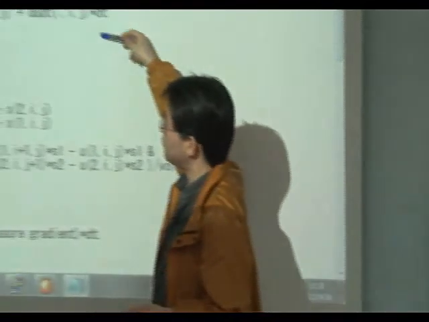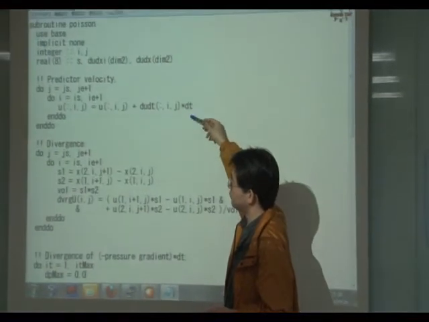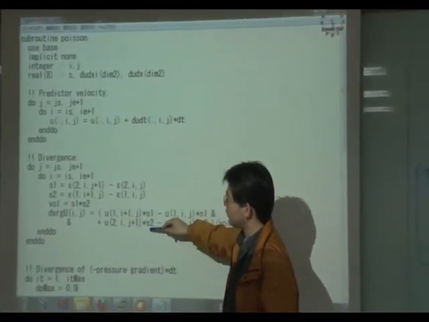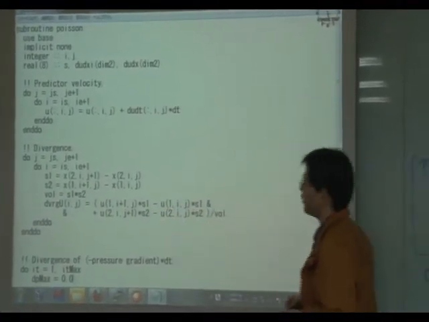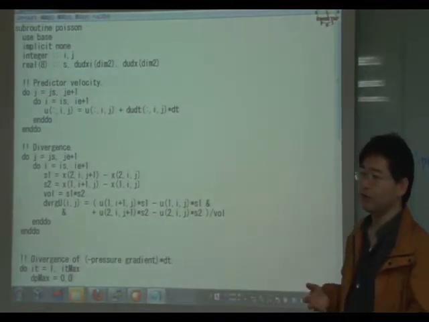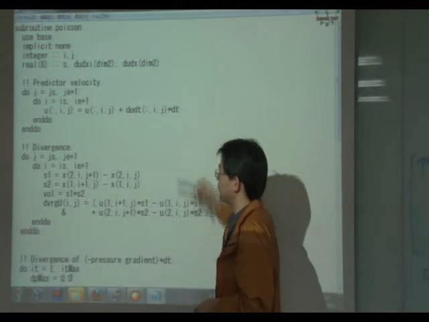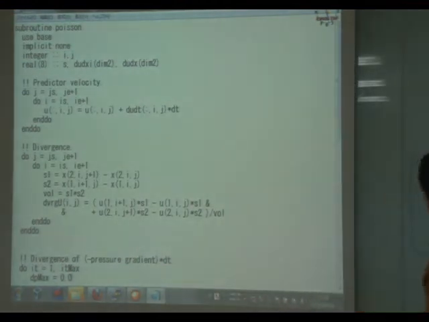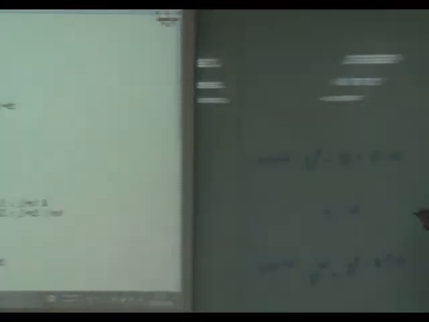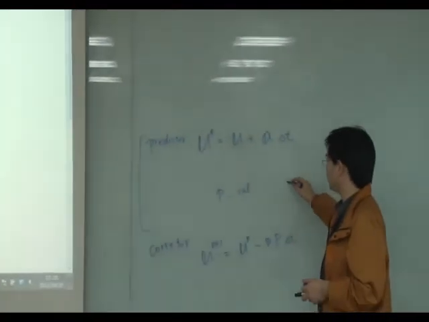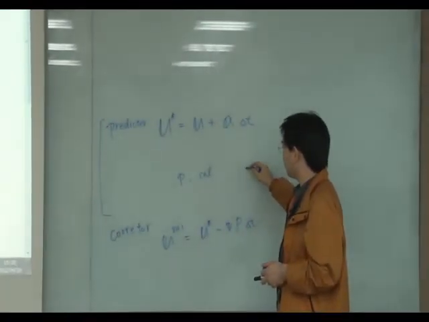So this one is to calculate the predictor velocity, and next we calculate the divergence of the predictor velocity. What we have to calculate is like this.